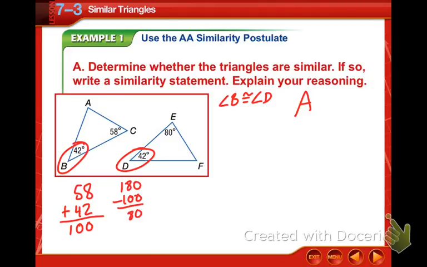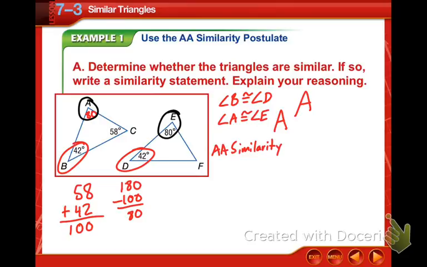So that means that angle A is 80. And that means that angle A matches with angle E. They're both 80. And that's our second angle. So we have angle, angle, similarity.